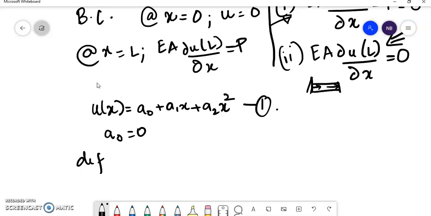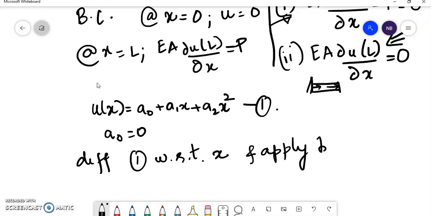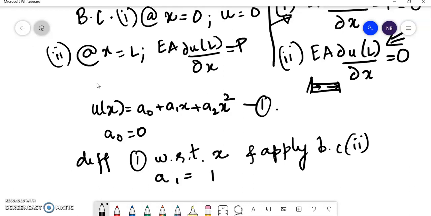Let us differentiate equation 1 with respect to x and apply the second boundary condition. This is the first boundary condition, this is the second boundary condition. When we do this, we'll get a1 equals P upon AE minus 2L a2.